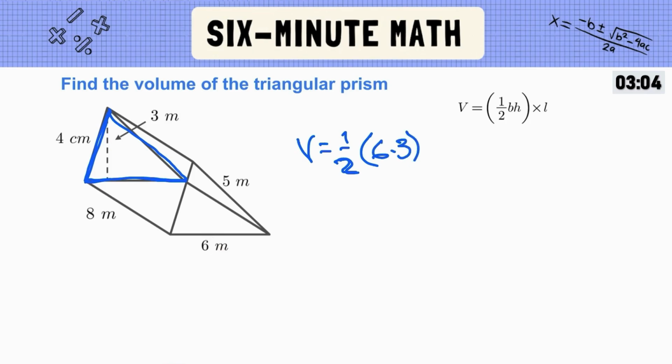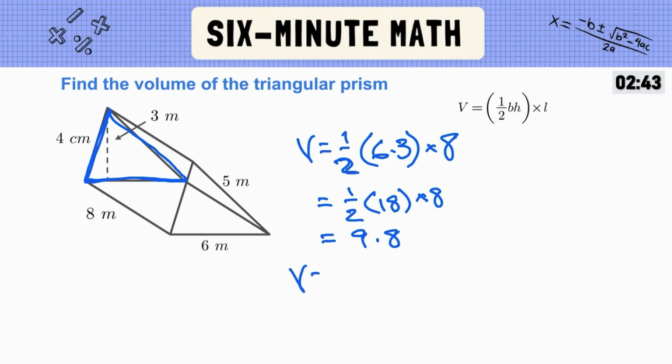So we have 6 times 3, and that's going to be multiplied by the length of that prism, which is 8. This is equal to 1/2 times 18 times 8, which is also the same as 9 times 8. 9 times 8 is 72.